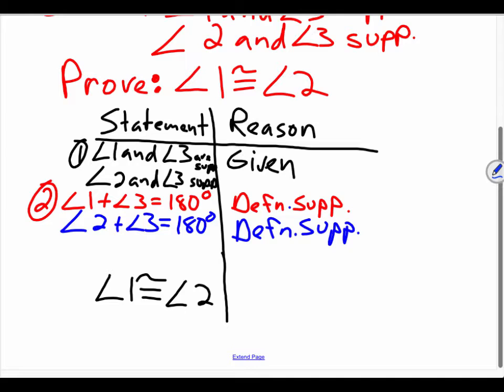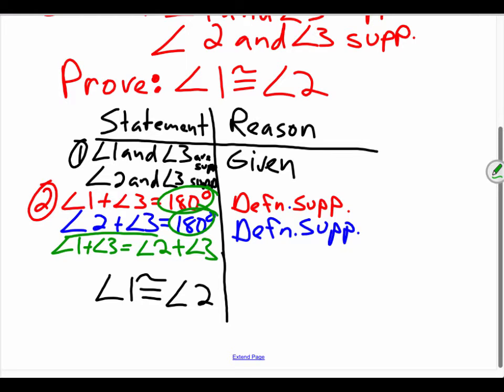Okay. Now, if they're both equal to 180, what could I say? Well, I could say that angle 1 plus angle 3 is equal to 180, but this is also equal to 180, so I could say that that's equal to this, or angle 1 plus angle 3 is equal to angle 2 plus angle 3.